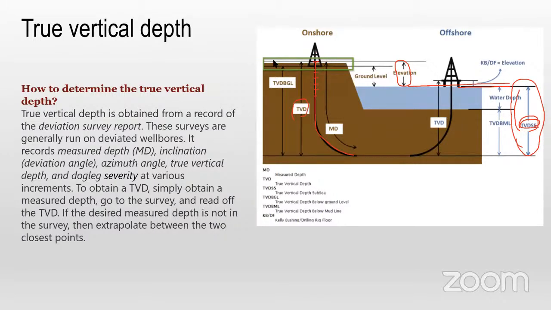But imagine that you have a hill here. If you use a TVD, assume that this is a vertical line, that's a TVD, and that's the measured depth.